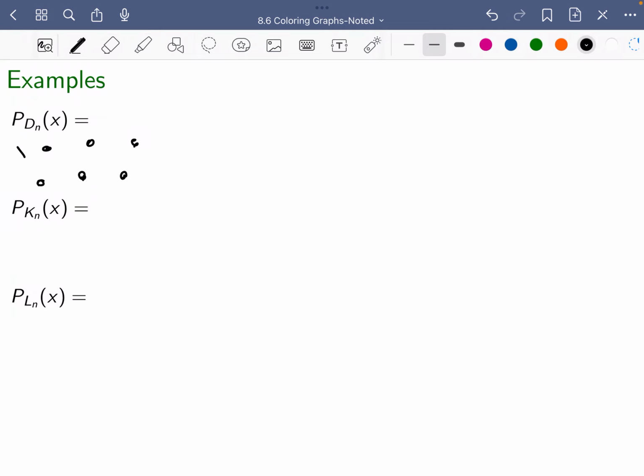So you would have x values open for any of those, and so that polynomial is just going to be x to the n. Because that polynomial is x to the n, the chromatic number for a discrete graph on n vertices is just 1. You just have a bunch of discrete points with no edges between them.